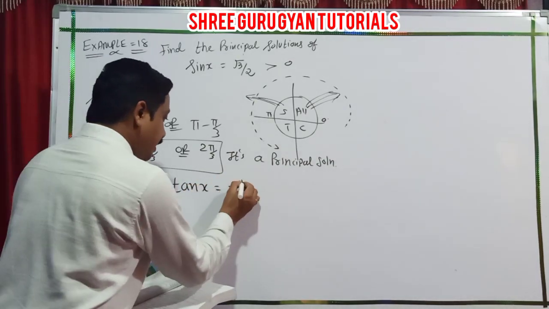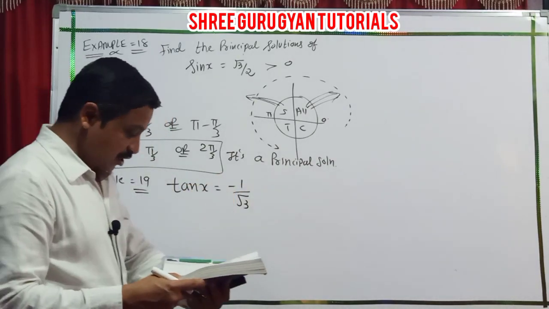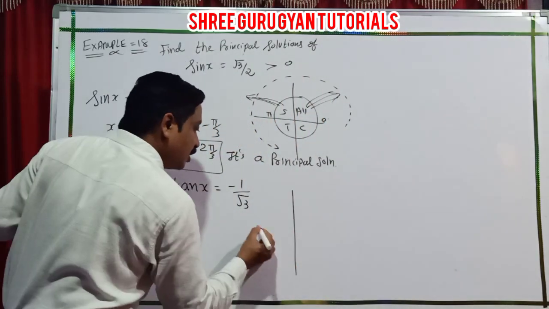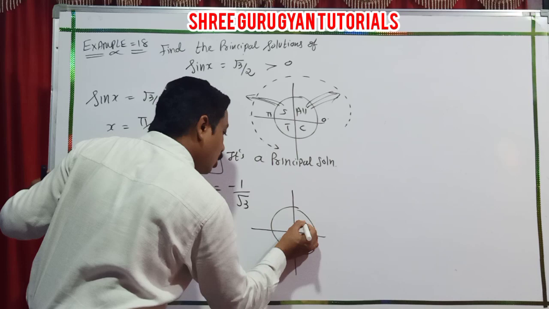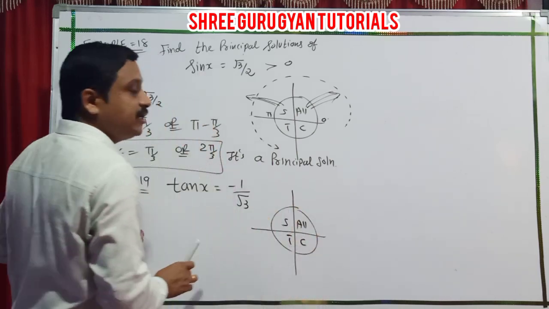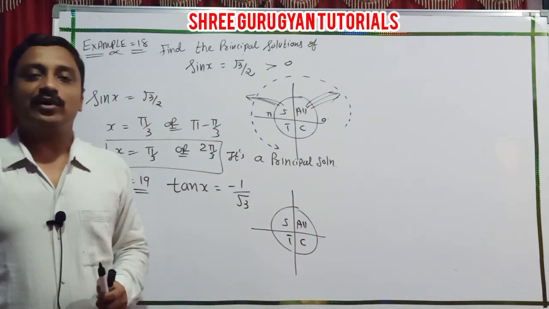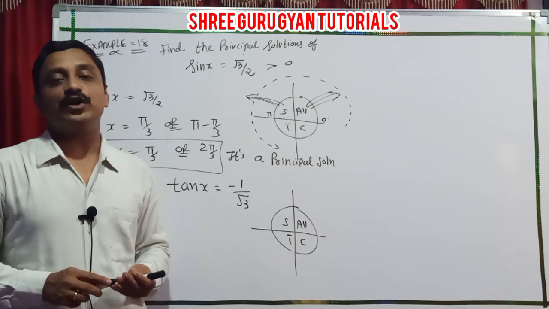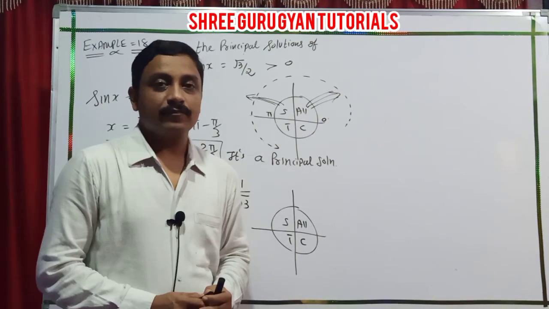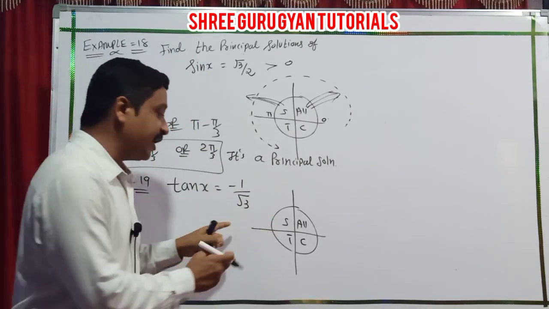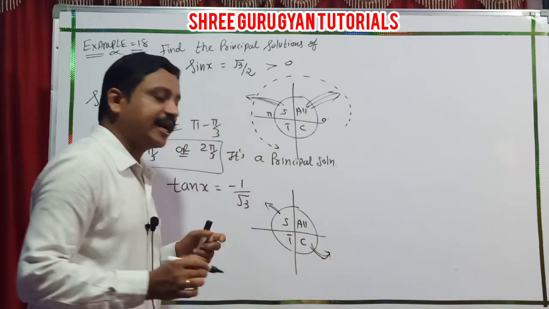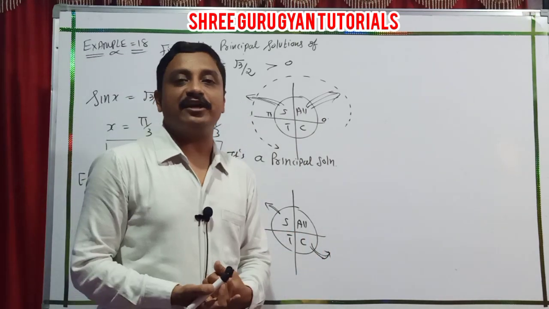Yes students, here also the same, tan negative. When tan is negative, I draw this drawing again with the all sin tan cos rule. This value I apply in the all sin tan cos rule. Tan negative values are in which quadrant? Tan negative is in the second and fourth quadrant. Students, in the second and fourth quadrants, I just write the answer.